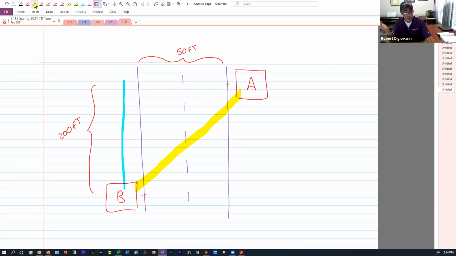And I'm just going to make up a cost here, Austin. Let's say to go under the road is going to cost $400 per linear foot. I'm totally making these numbers up. So if I want to go in the yellow, it's going to cost me $400 per linear foot. Now, if we go on the side of the road, it's not as expensive, and we can do that for $260 per linear foot.